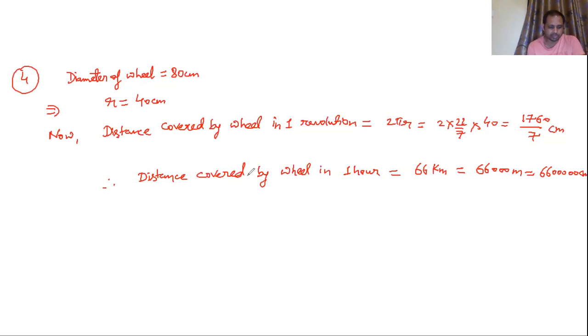Now we have to find the number of revolution in 10 minutes. This is the distance in 1 hour. Therefore distance covered by wheel in 10 minutes, right? Therefore next is distance covered by wheel in 10 minutes.